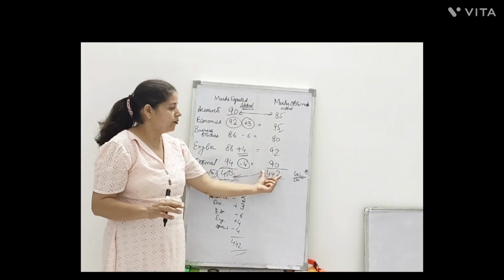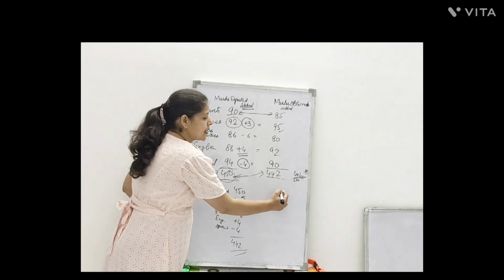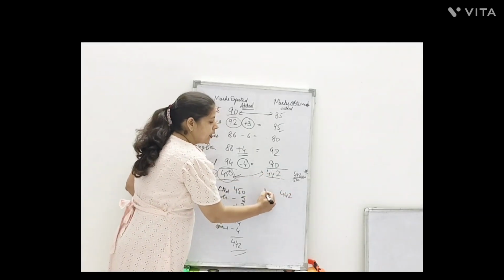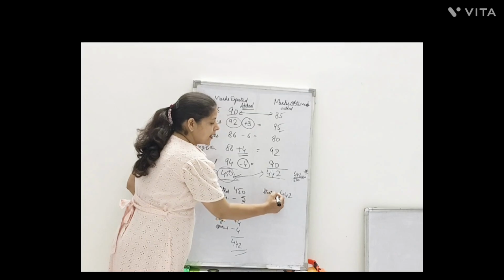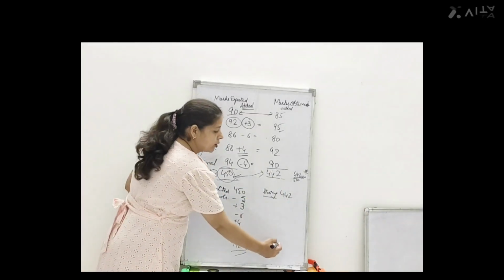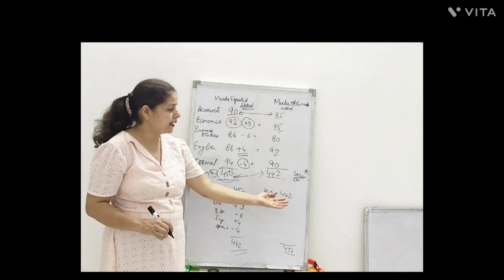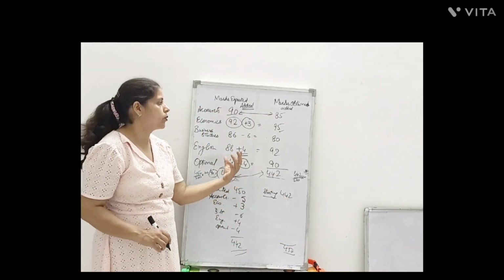Okay, so now if I take this 442 as the standard, the starting point, my actual marks were 442 here, and I want to reach 450, right? Then the opposite process will work out.